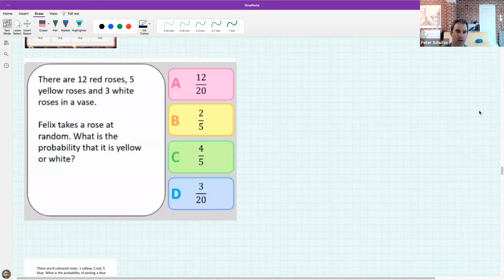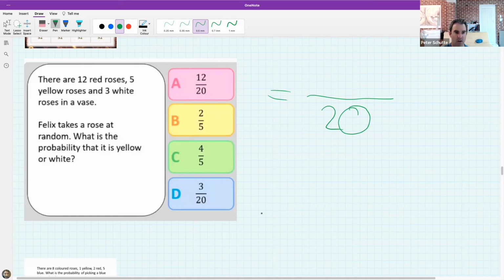So how many possible options are there? 12 red, 5 yellow, and 3 white. So in total, there should be 20 possible different things that can happen. And we want to know the probability it's yellow or white.